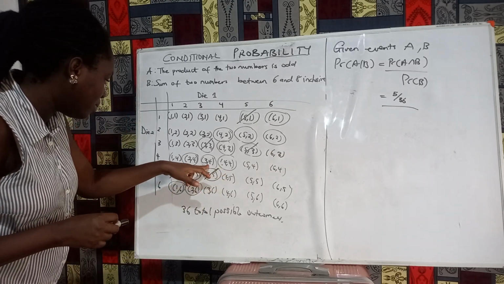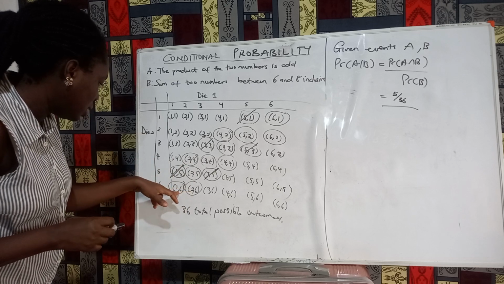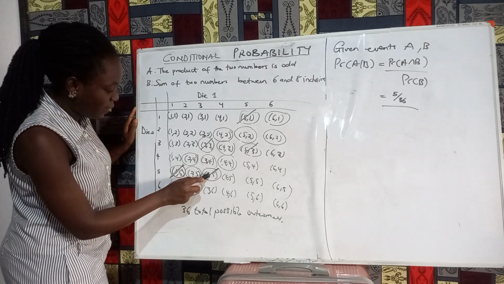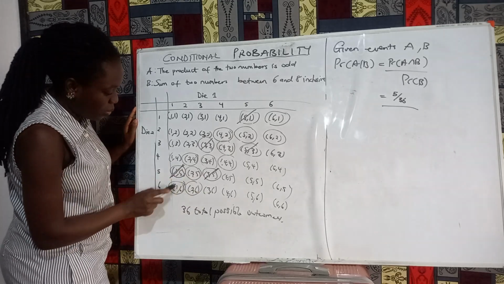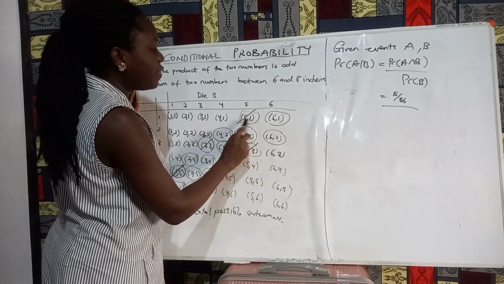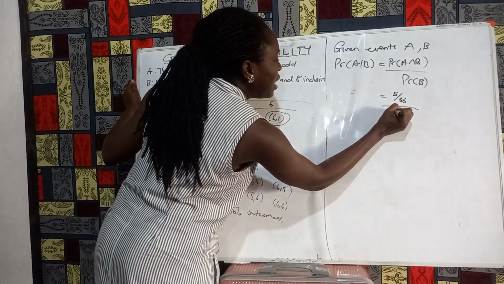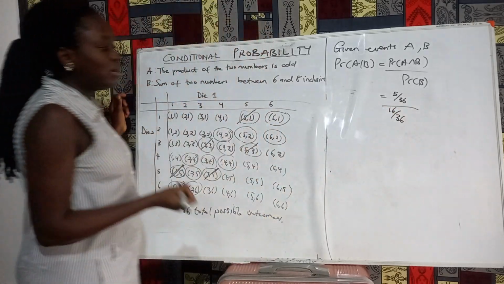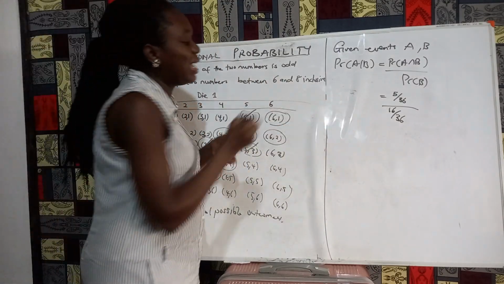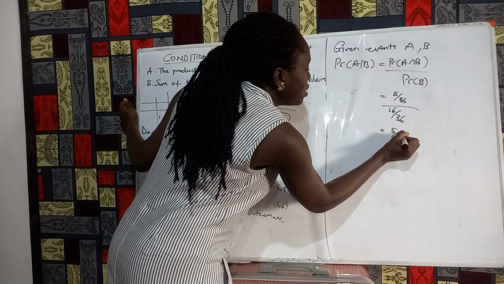So there are 16 out of 36 possible outcomes for B. All right. So if you simplify this, you are getting 5 out of 16.